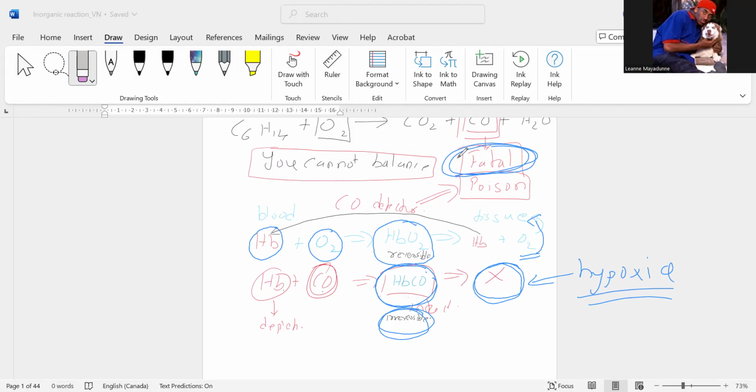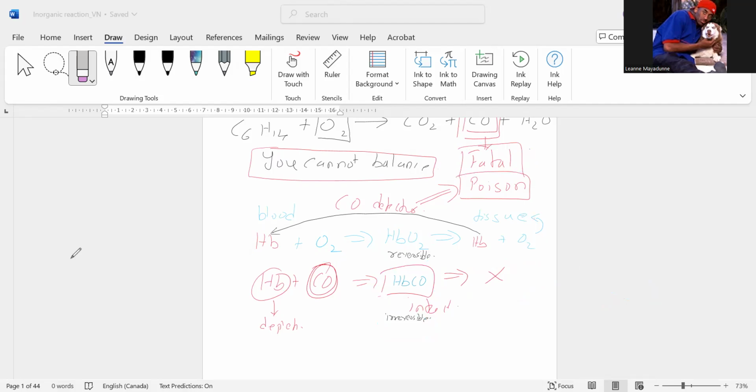So that's the reason we should be aware of the dangers of carbon monoxide. Also, one more point that I want to address is that carbon dioxide is heavier than air. If there is a lot of carbon dioxide, that is also not safe.